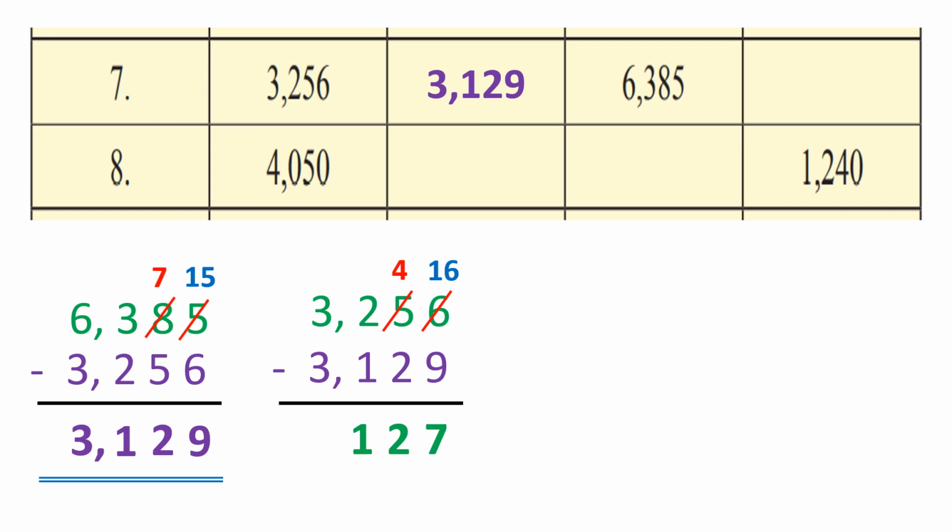Then 3 minus 3 is 0. Your answer is 130 for the difference. Right here, 130 in the box.